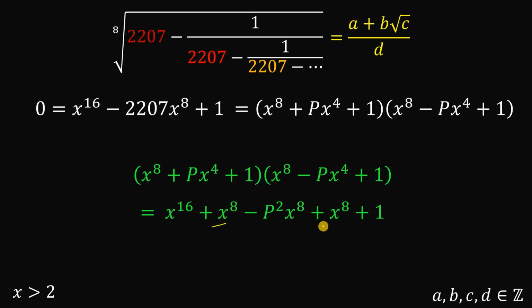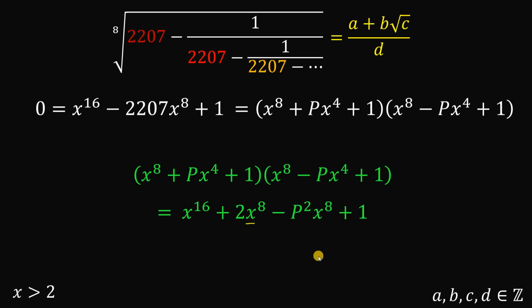Now, combining like terms, we have 2x^8 and factor out x^8. So we have x^16 plus x^8 multiplied by the factor (2 minus p^2) plus 1.